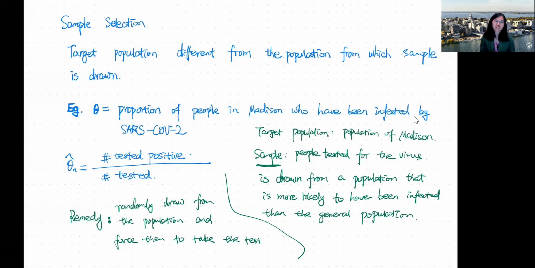If you believe that the population who go to the hospital to do a surgery not related to COVID-19 doesn't have a higher or lower proportion of infection than the general population, then that would give you a better estimator for theta than this one.